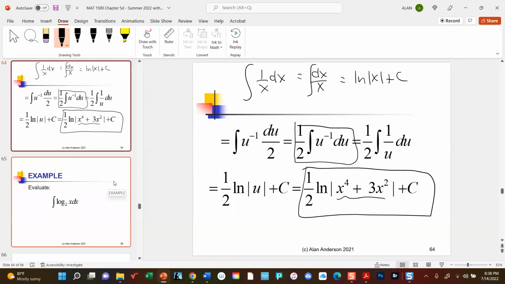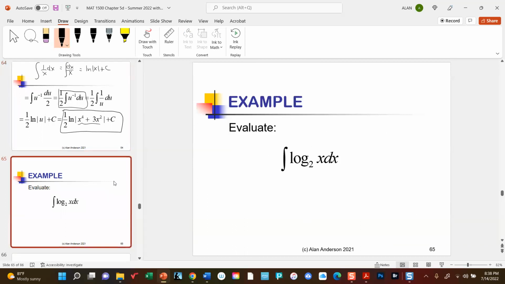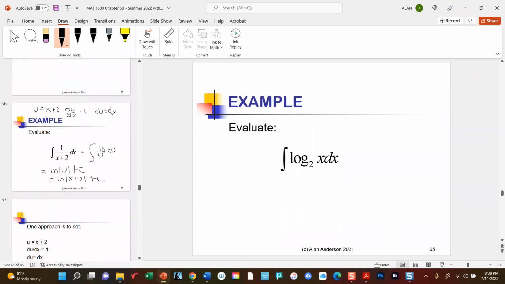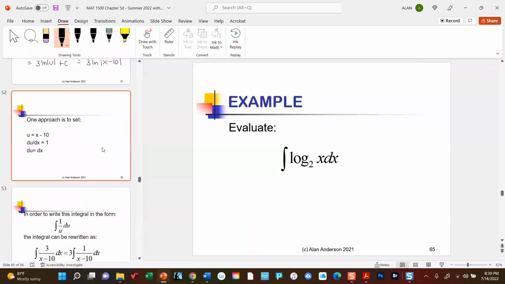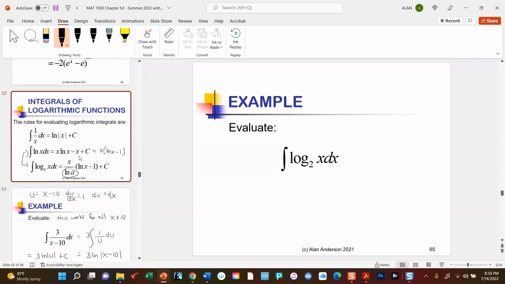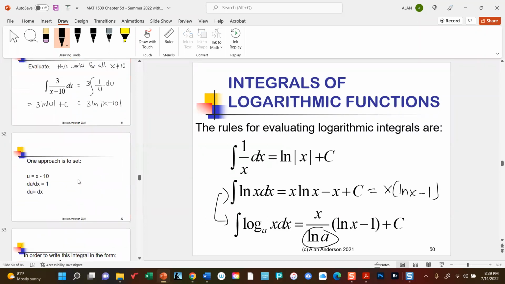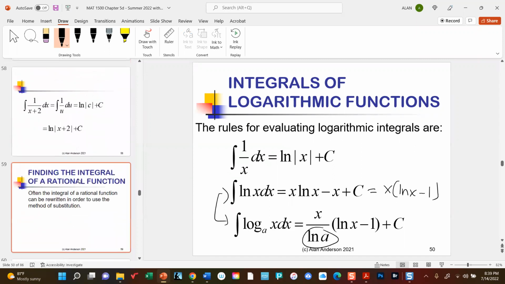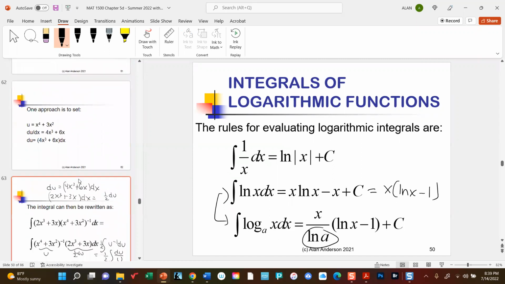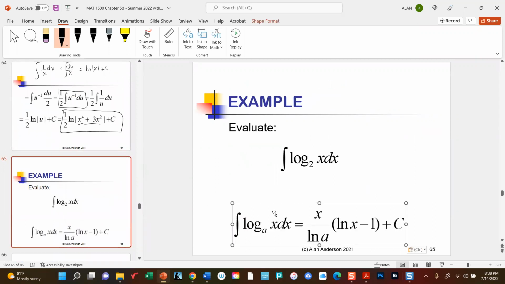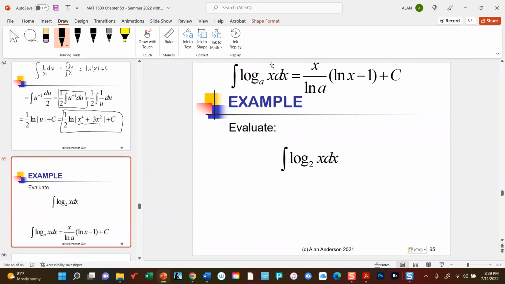Now this next one requires one of those rules involving logs that are not natural logs. In fact, let me go grab the one we need. Here we go. Just as a reference.